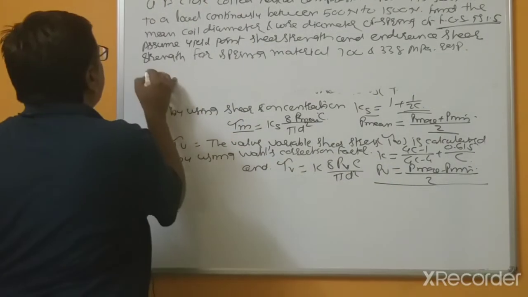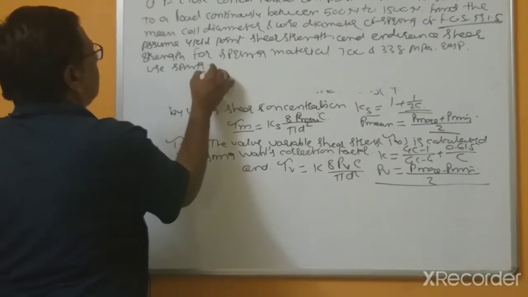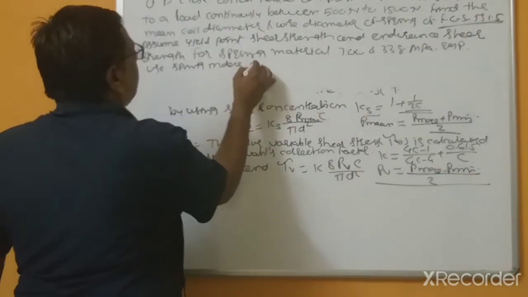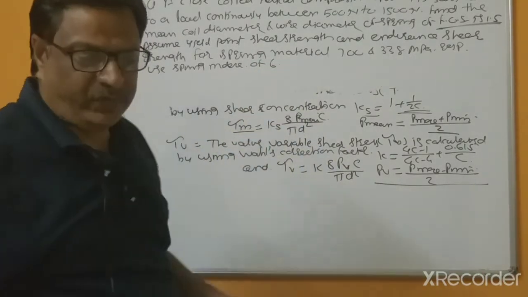Use a spring index of 6. So we'll go step by step.